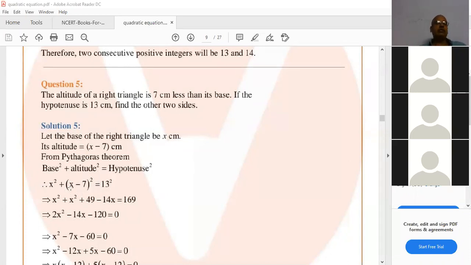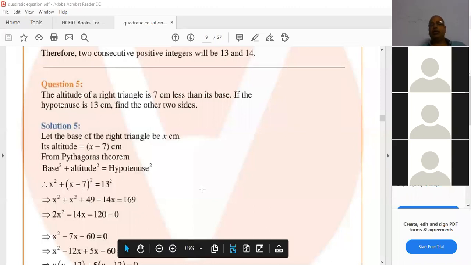Again, this (x minus 7) whole square we can expand by using which identity? (a minus b) whole square equals a square minus 2ab plus b square. So x square plus 7 square means 49, minus 2ab, 2 times x times 7 means minus 14x, equal to 169.